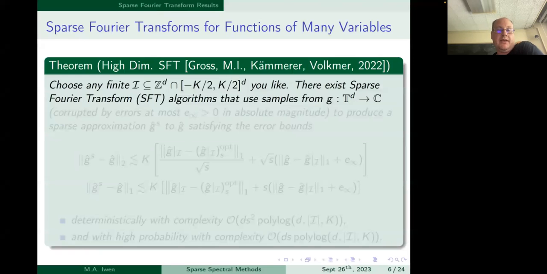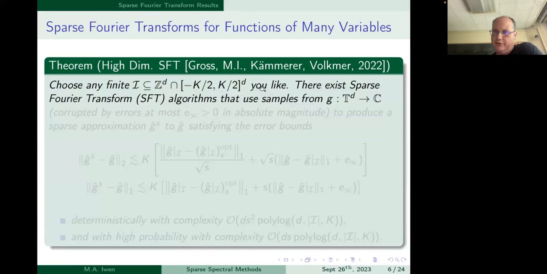Okay, so here's a theorem that we're going to need later. One of these results. You set it up like this. Again, here's the script I set that we're going to need to truncate the frequencies of this thing. You get to choose this finite set of frequencies any way you like.